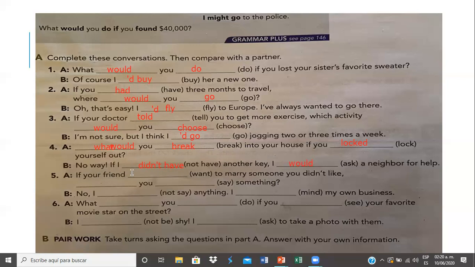If your friend wanted to marry someone you didn't like, would you say something? No, I wouldn't. Negative, I wouldn't say anything. I'd mind my own business.